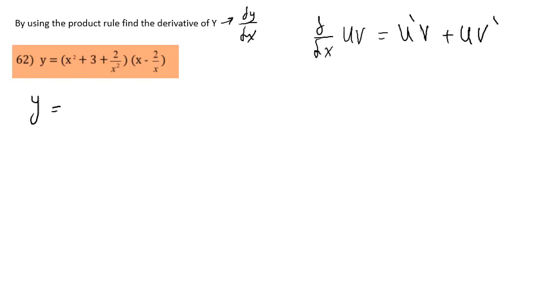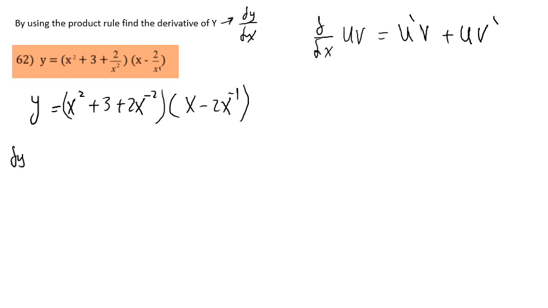First, I need to write y in sum of terms of x, so it's x squared plus 3 plus 2x to the power of negative 2, multiplied by x minus 2x to the power of negative 1.